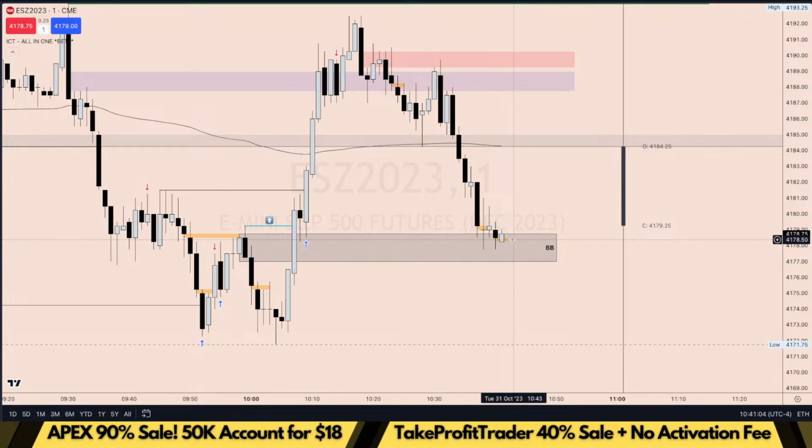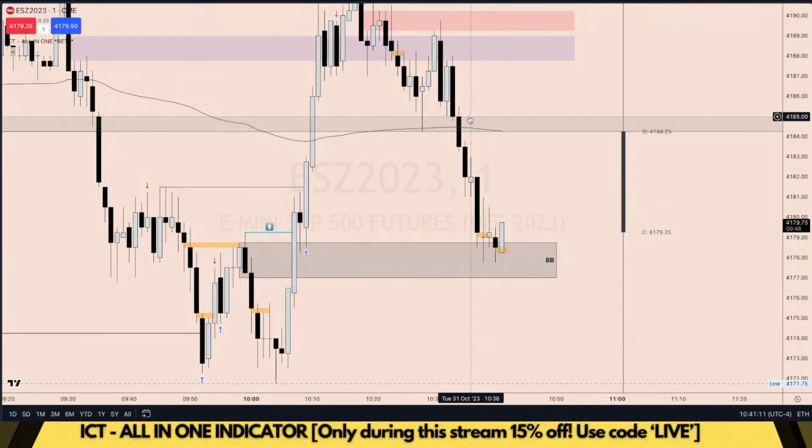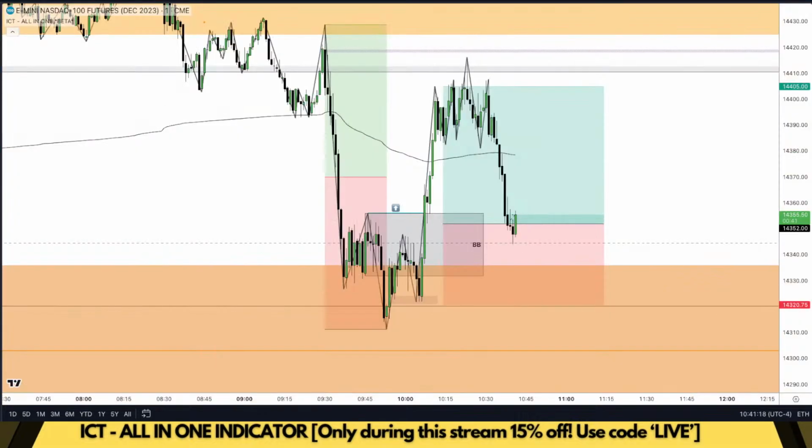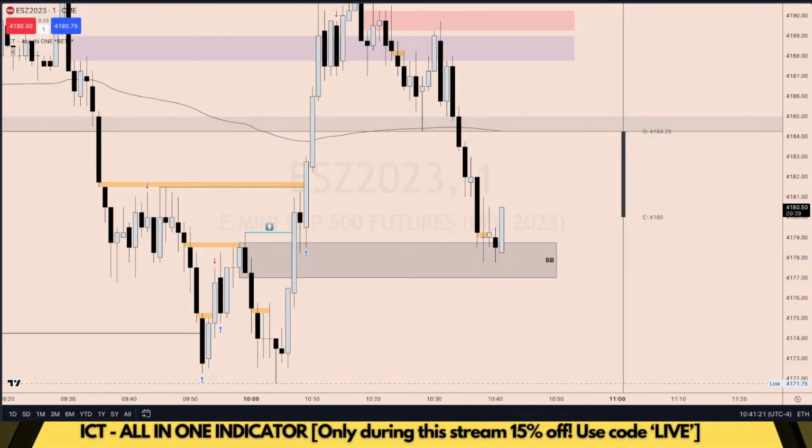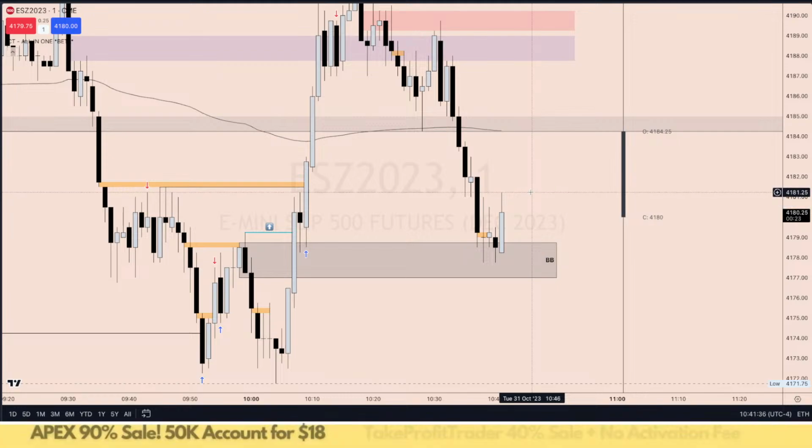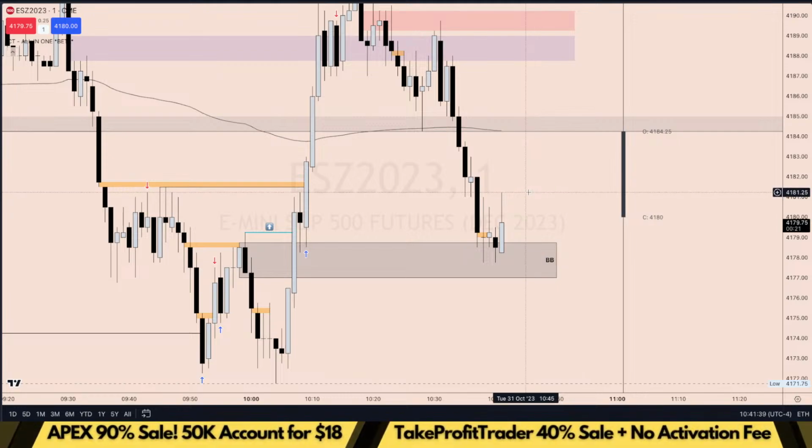Another bearish volume imbalance right here in this breaker block. Bearish fair value gaps would come up at the VWAP. All right, starting to see some signs of bullish order flow, but I don't think we're there yet, especially if we reject.